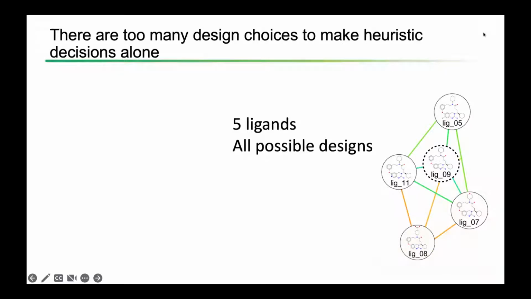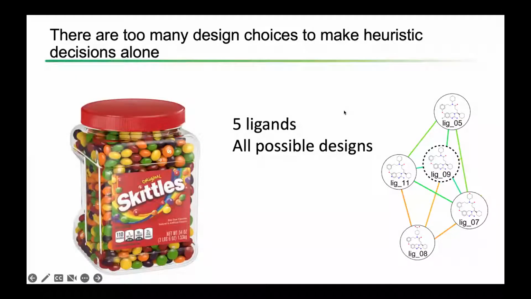So first, I want to consider a case where we have 5 ligands and you want to think about all possible designs. And just to give you a sense of how the number of designs that you would have to calculate scales, for that simple problem, you would already have to have the number of designs that fit within this Skittle package here. It's 54 ounces.